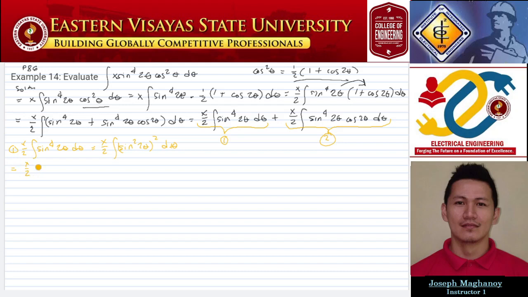So x over 2 integral, sine squared 2 theta is also equal to 1/2 quantity 1 minus cosine. Supposed to be this is only 2 theta, but we have a 2 here, so that is 4 theta. Then close parenthesis, then your bracket. And of course, don't forget your power 2. You have a power of 2 and your d theta here.